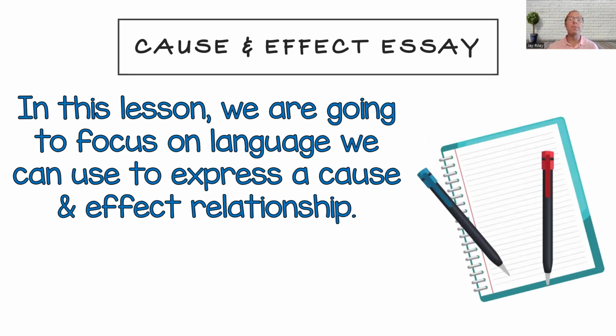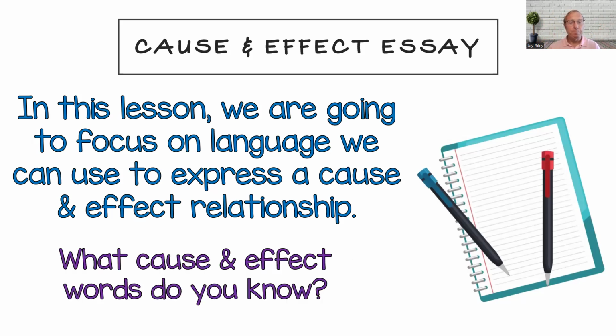In this lesson, we're going to focus on using language within those body paragraphs to express the cause and effect relationship. Remember, that first sentence tells us the topic of the paragraph, what one effect of having no rules is, and the remaining sentences are supporting details. They're going to give us more information about that topic.